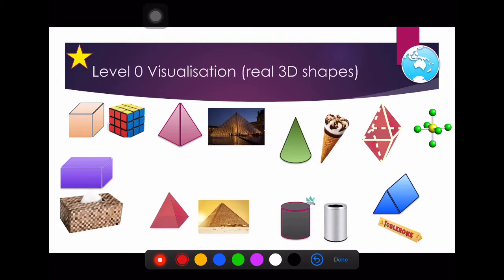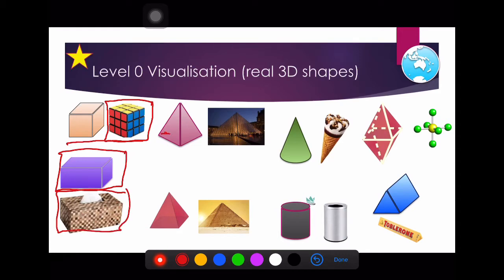For example, the first one is a cube, so this is a Rubik's cube. This is a cuboid, so this is a tissue paper box. This is a triangular based pyramid, and that is one in France. Now this is a square based pyramid, and most square based pyramids are found in Egypt.